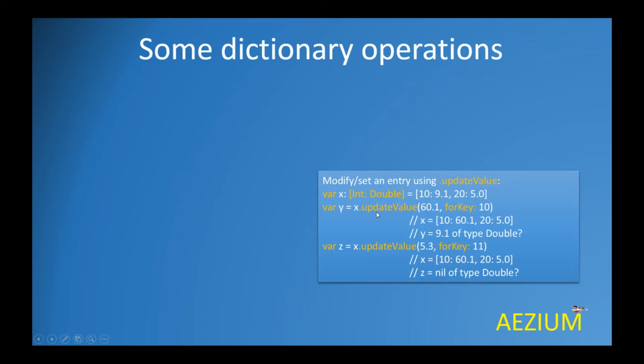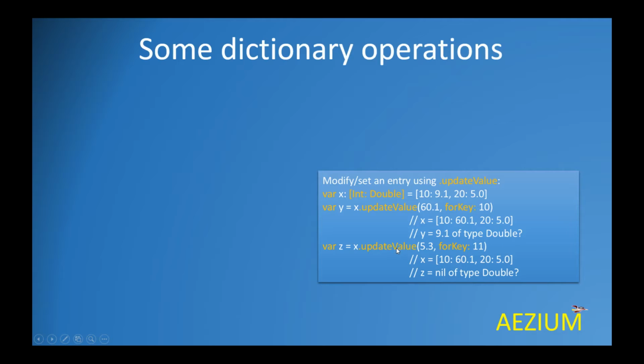The other thing to note is that because it is possible that the key that we are using here is not a valid key, what is returned by this is going to be an optional Double. So as a result, the value which is returned and assigned to y will be equal to 9.1, and the type of y is going to be an optional Double.